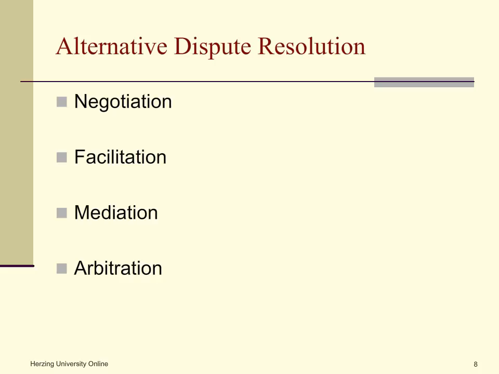A mediator does not resolve the charge or impose a decision on the parties. Instead, the mediator helps the parties to agree on a mutually accepted resolution. It is a confidential process limited to the individuals involved.